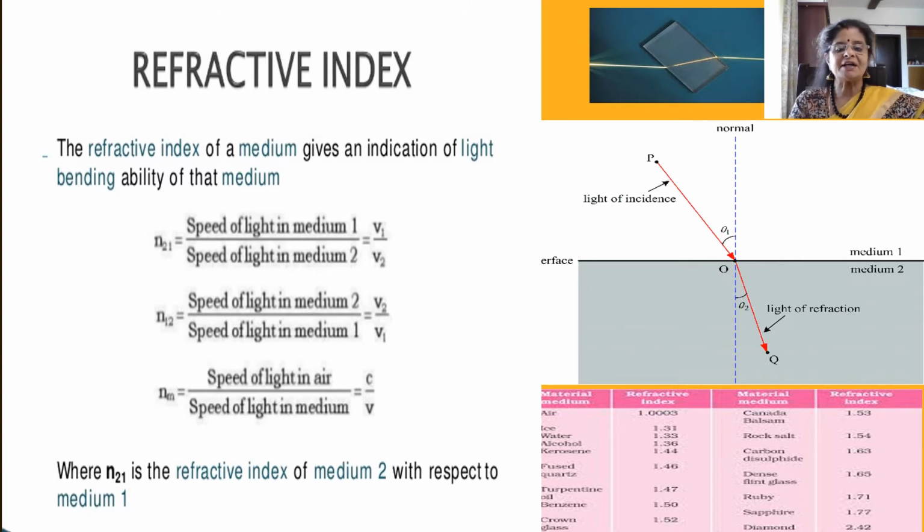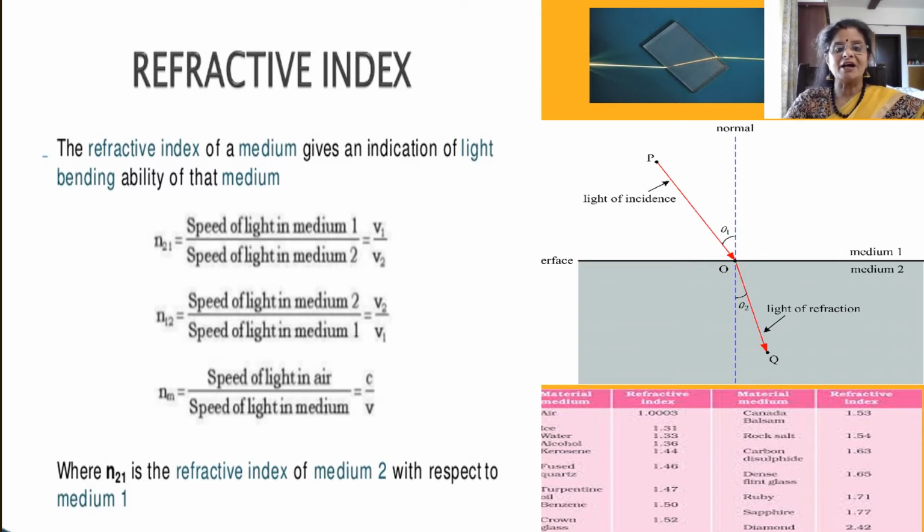The refractive index can be linked to an important physical quantity, the relative speed of propagation of light in different media. Light travels fastest in vacuum with the highest speed of 3 × 10^8 meters per second. In air, the speed of light is marginally less when compared to vacuum.